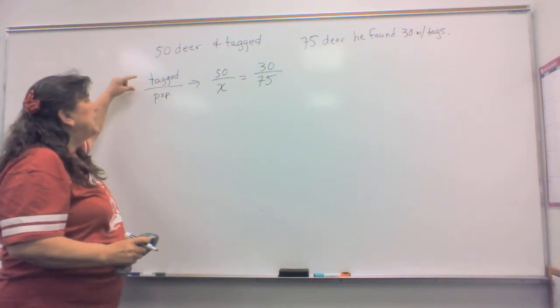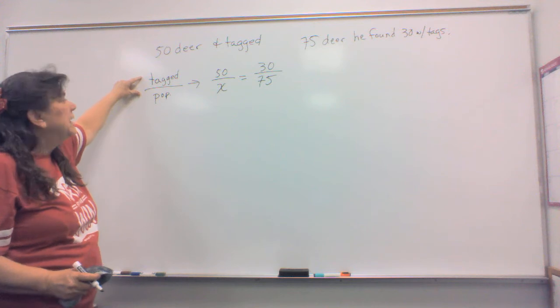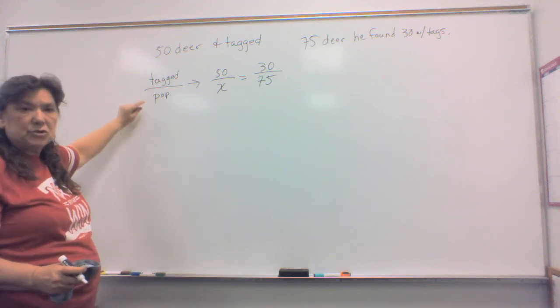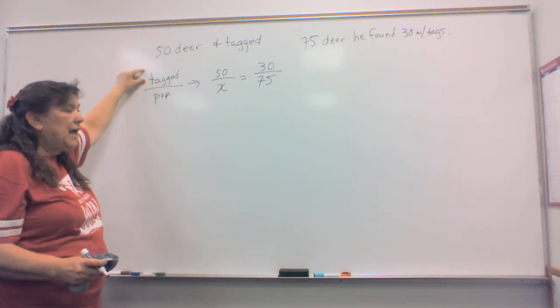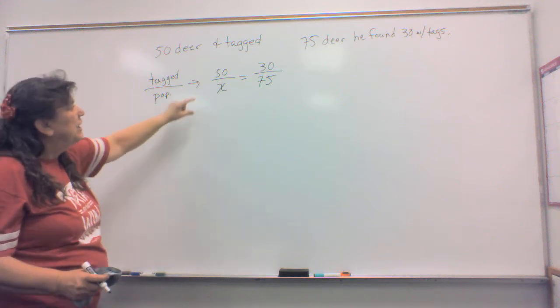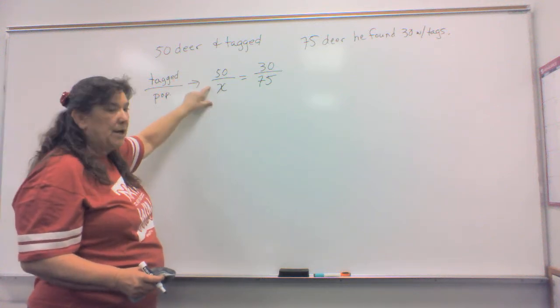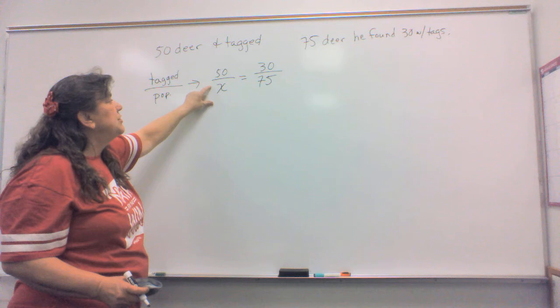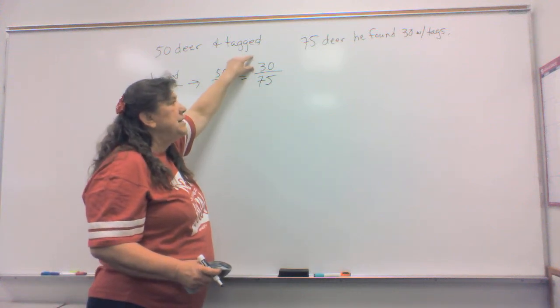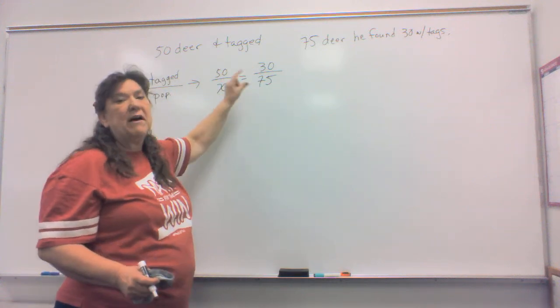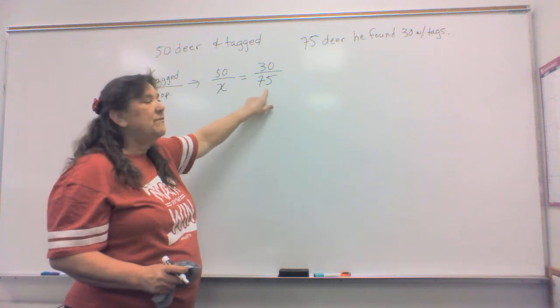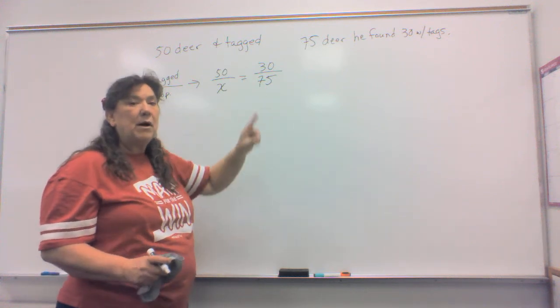So you see, we label what our comparison is because this helps us keep it straight. We have the tagged to the total population, 50 tagged deer to an unknown number of population, and we had 30 tags among the 75 deer that were caught. And that 75 represents that whole population.